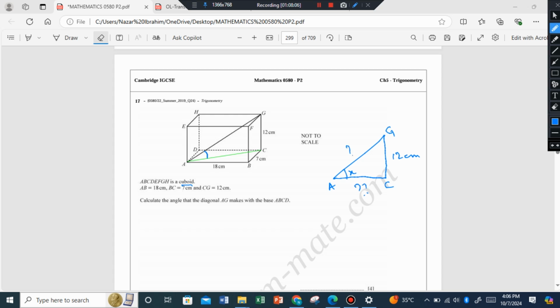Okay, if I see the base, the side which I want to find out, AC, I can see this is basically a right angle triangle ABC.